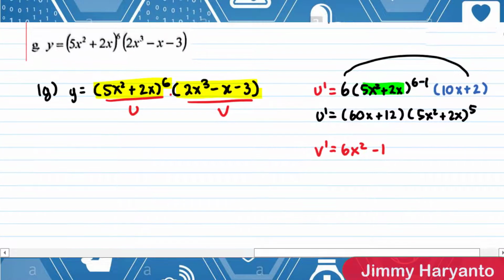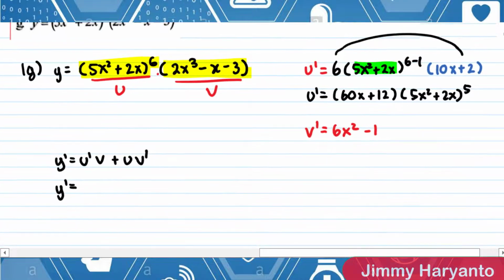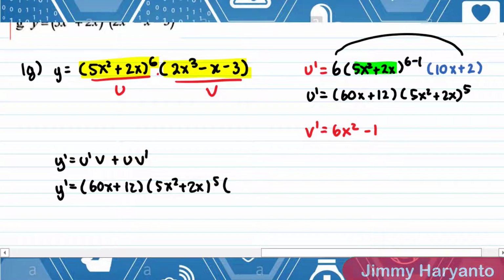Okay, let's put it into the formula, y accent equals u accent v plus u v accent. Where is the u accent? 60x plus 12 times 5x squared plus 2x to the power of 5, times v. V is 2x cubed minus x minus 3, plus u.